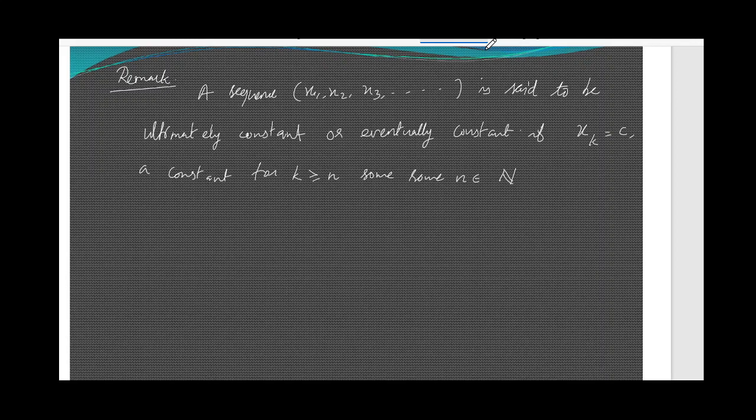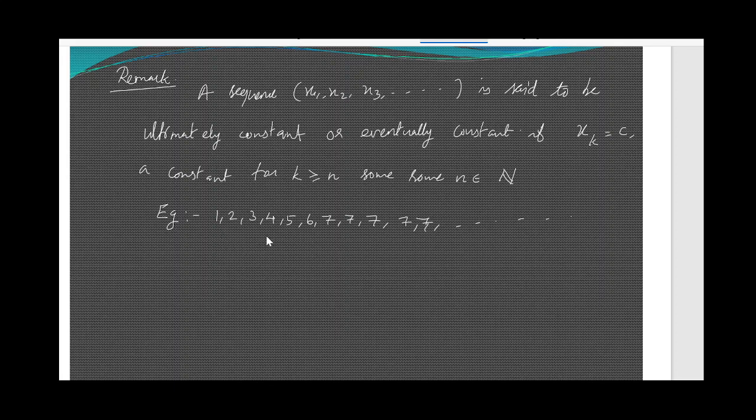So for example, consider a sequence 1, 2, 3, 4, 5, 6, 7, 7, 7, 7, 7, etc. This is an eventually constant or ultimately constant sequence. That means after a certain stage, I'm getting everything as a constant. Evidently, every constant sequence is ultimately constant, right?